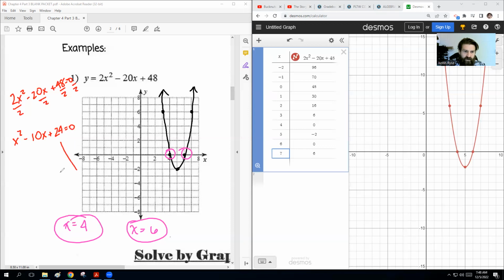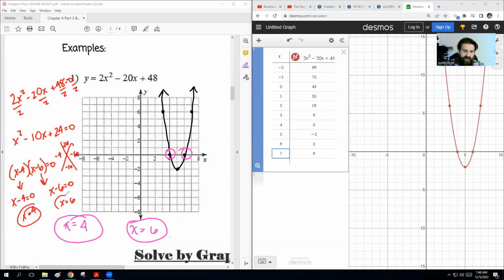And we would figure out what two numbers multiply together to give us 24 and add together to get -10. That'd be -4 and -6. And we would say x minus 4 times x minus 6 equals 0. Then we would set both of those factors equal to 0 and solve. And we'd get x equals 4 and x equals 6.